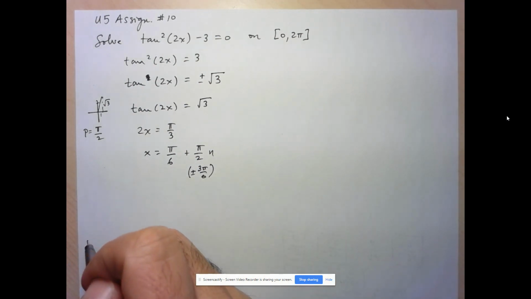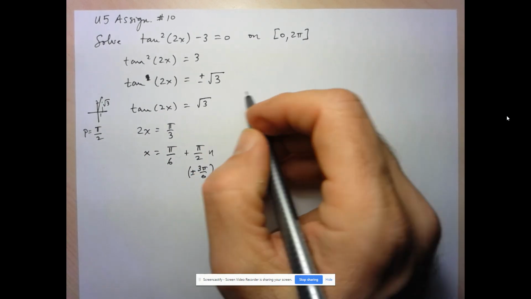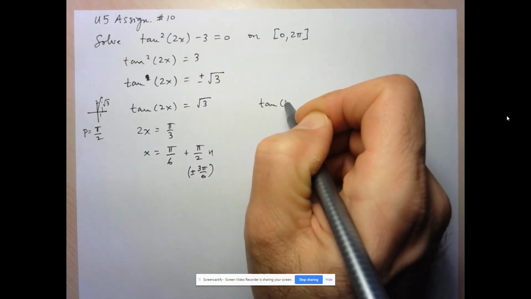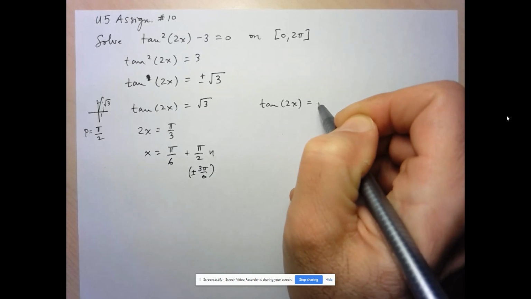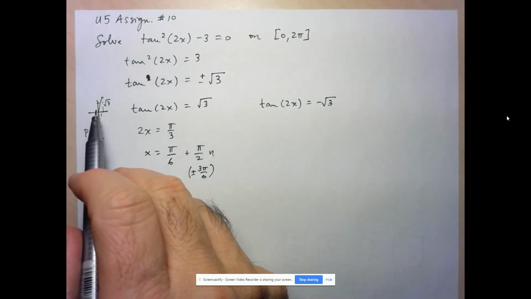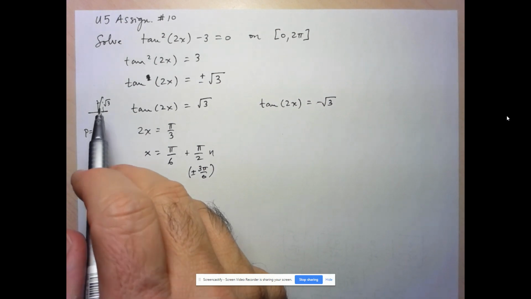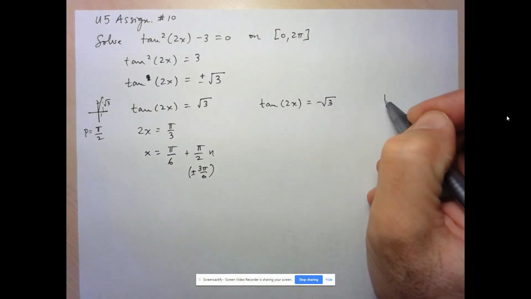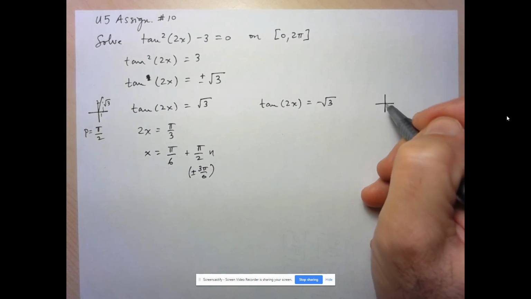so that I've got the corresponding denominator. All right, next I can also work with tan 2x equaling negative root 3. Again, I'm going to be working with the same related acute angle as in the previous one, except now I'm going to be in the second quadrant.